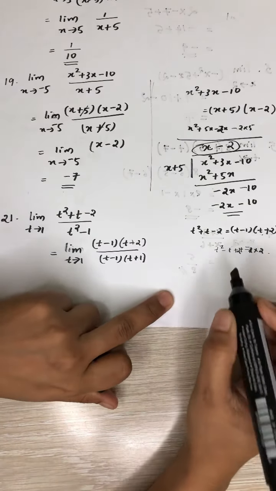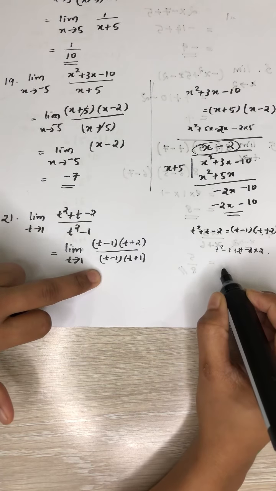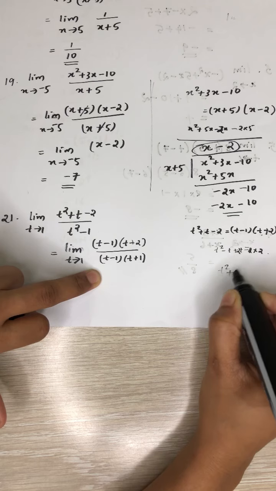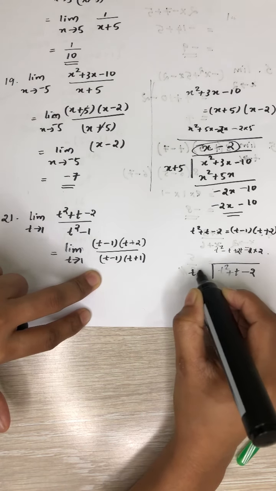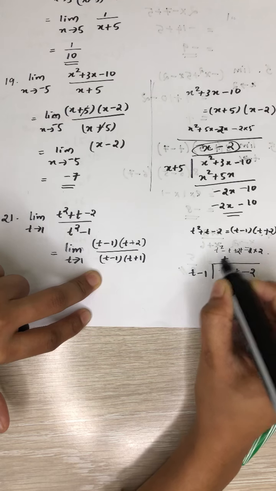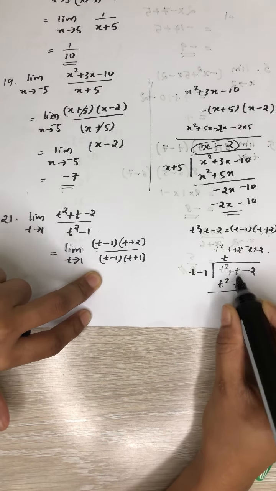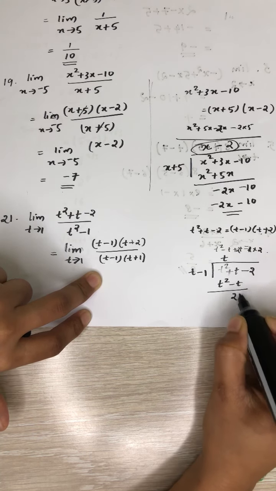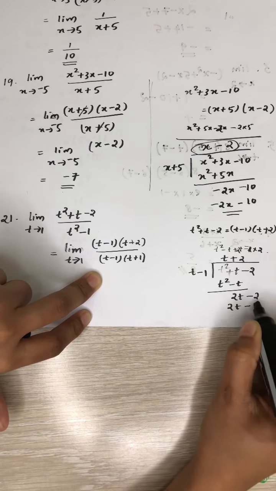Or we can factorize in the same way as above. We already know one factor, t minus 1. So to find the other factor, t square plus t minus 2 divided by t minus 1 is t, into t square minus t. This gives 2t minus 2 plus 2, this is 2t minus 2.